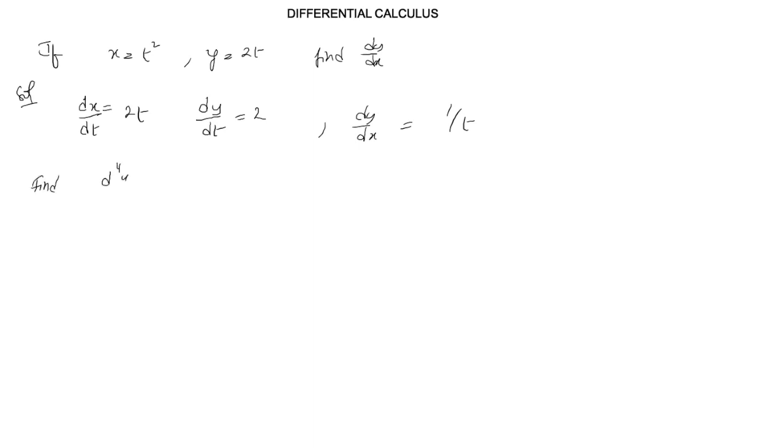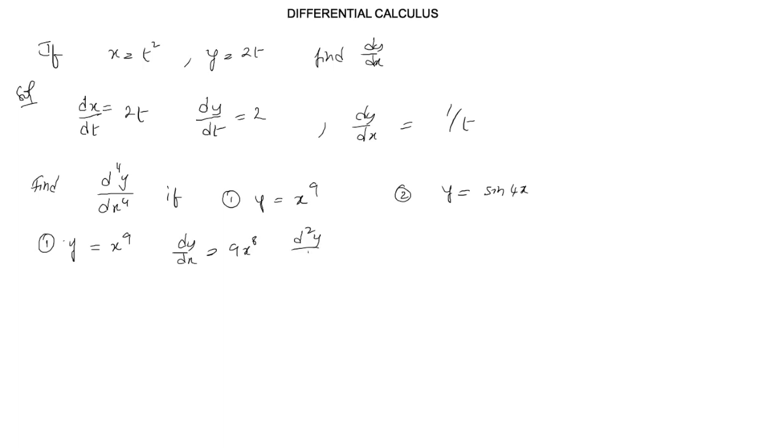Now let us find d power 4 y by dx power 4 if y is x to the power of 9, and second we'll solve y is sine 4x. Let us take the first problem. y is equal to x to the power of 9.